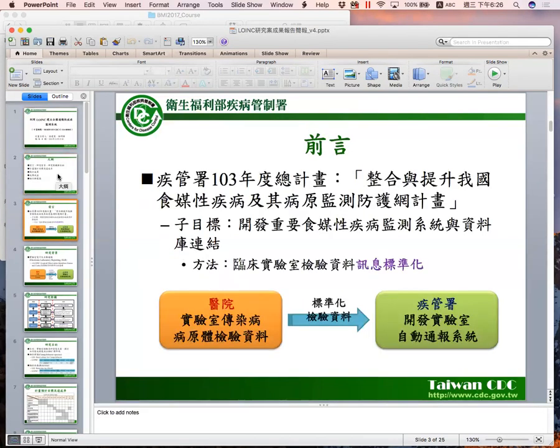So we start from 2014. Then actually they provide a lot of money for that.